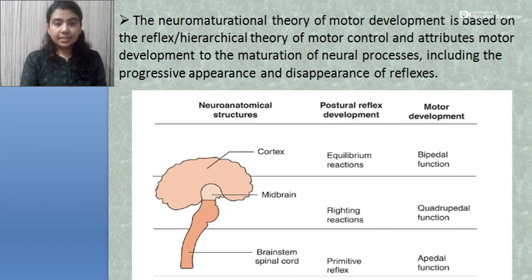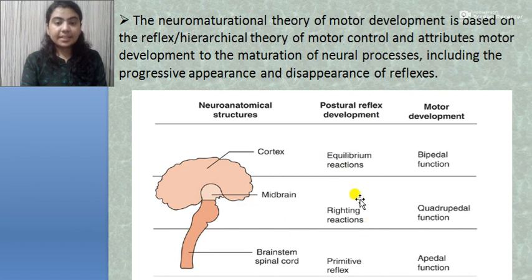Next, here you can see the neuromaturational theory, which shows the neuroanatomical structures: the cortex, midbrain, brainstem and spinal cord, right? If we talk about postural reflex development and motor development, the cortex is responsible for the equilibrium reactions, right?